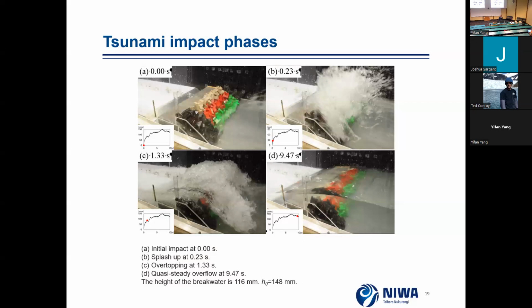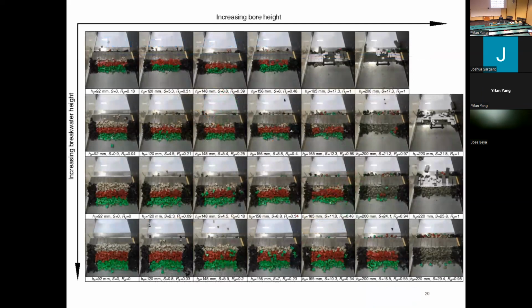So now the problem becomes how to quantitatively analyze the damage to the breakwater. So first we analyze the damage due to different bore height and different breakwater height. Horizontally is increasing bore height, and as we can see, with increasing bore height, or stronger bore, the damage is more significant, which is as expected.